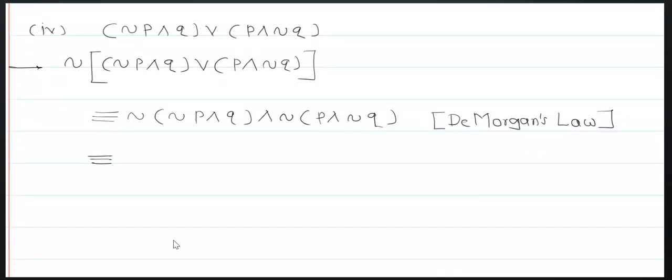Now the negation of P and Q will be negation of P is P, and this and will become or: P or negation of Q. Next, keep this and the negation of these two will be negation of P or negation of negation Q is Q, and that's again De Morgan's law.